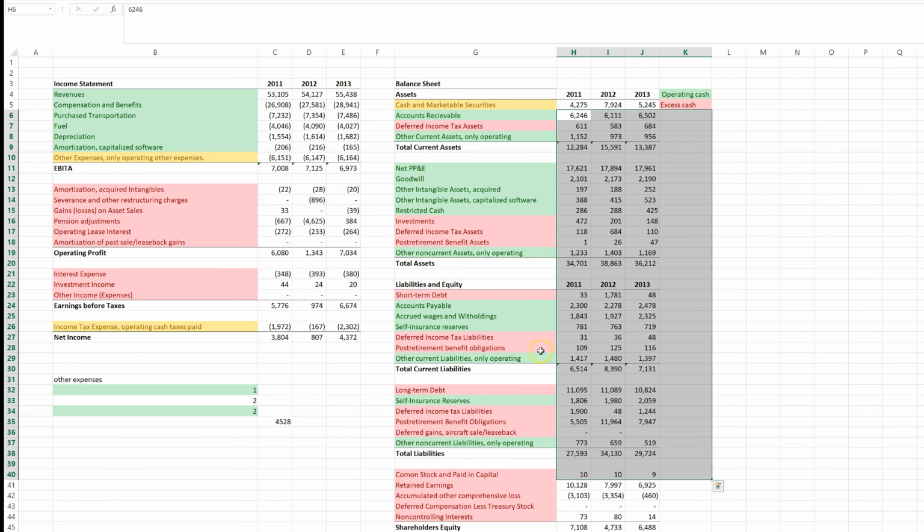Now, we talk about in the lecture that at some point we will ultimately stop making very specific forecasts. We will stop forecasting these items. So we'll probably only forecast every item here for 5, 6 years. And then we'll start to maybe forecast just these items. And then we will maybe just start to forecast NOPLAT and invested capital.